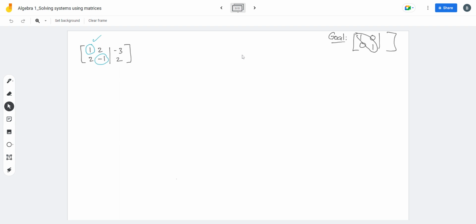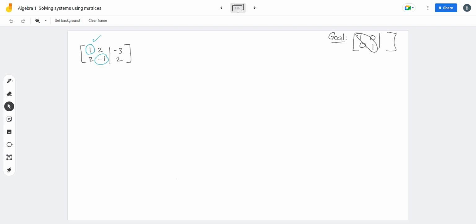Some people would say, all right, I want this to be 1, and right now it's -1. So let's multiply row 2 by -1 to get rid of the minus sign. That's okay too.